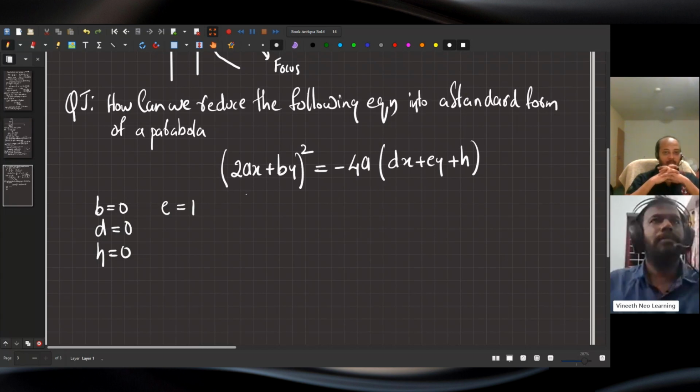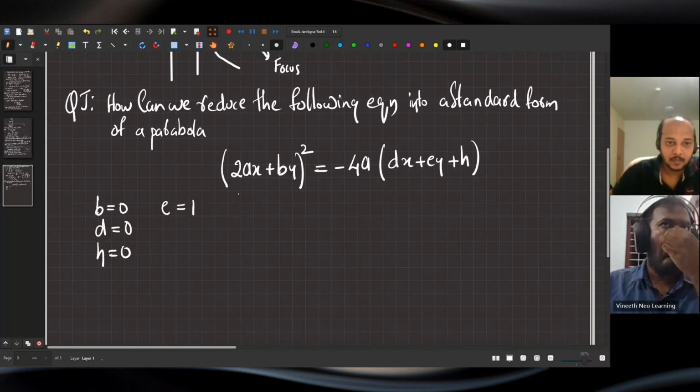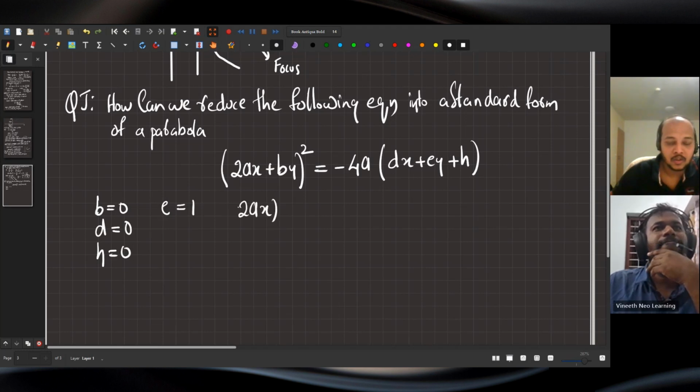Put these values: b equals 0, d equals 0, e equals 1, and h equals 0, isn't it? Yes. Then we will get (2ax) whole squared equal to negative 4a times ey.